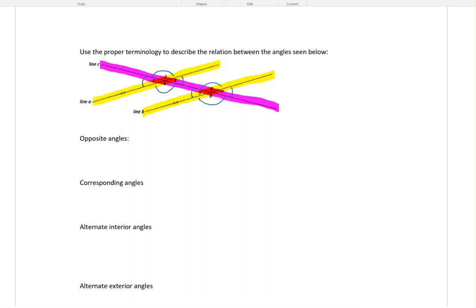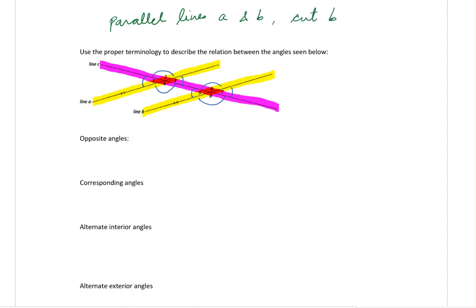Just so that you know, we have parallel lines A and B, and they're cut by a third line called transversal line C. This is the terminology that we're going to use.